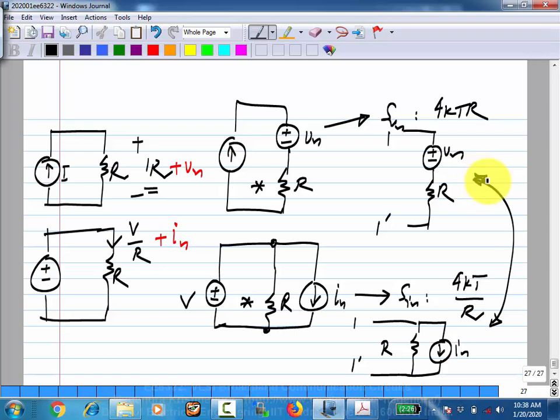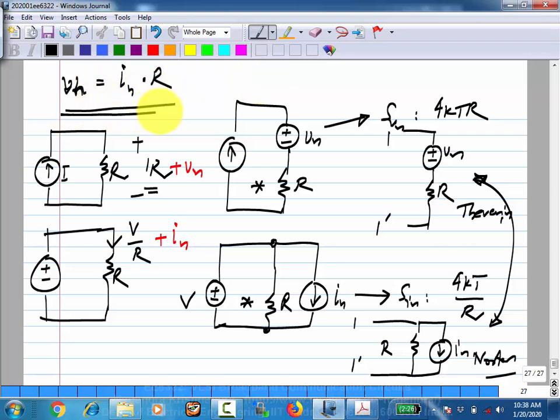What is this? Thevenin and Norton equivalent, that's all. So this is the Thevenin equivalent and this is the Norton equivalent of the same thing. So what is the relationship between In and Vn? Vn is In times R.